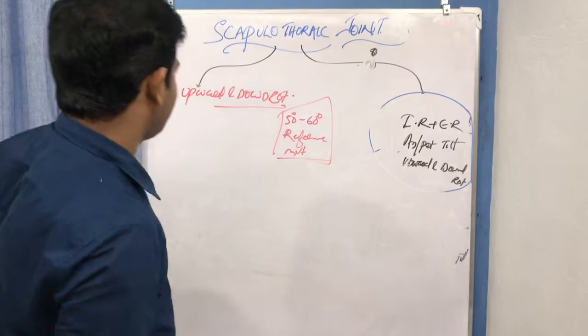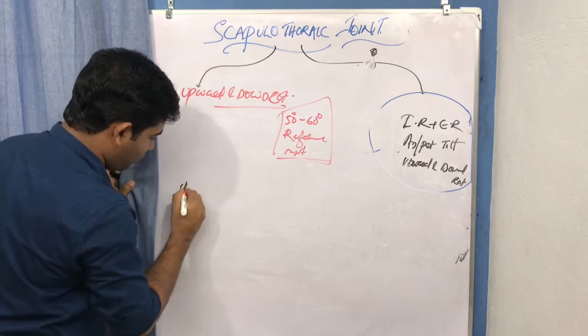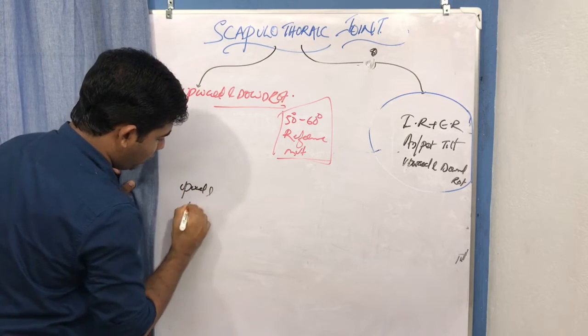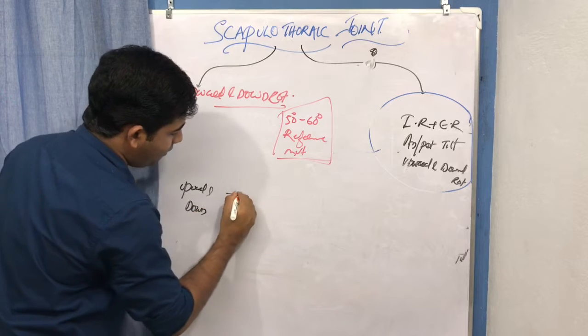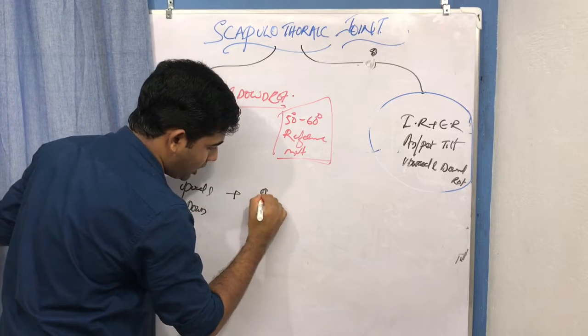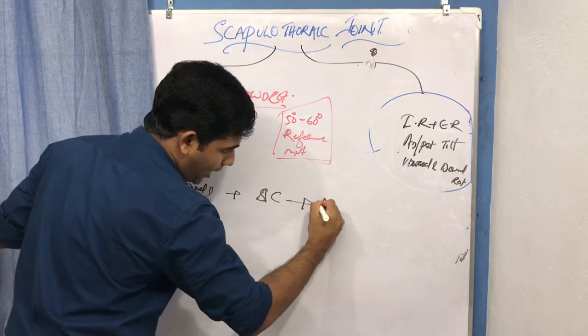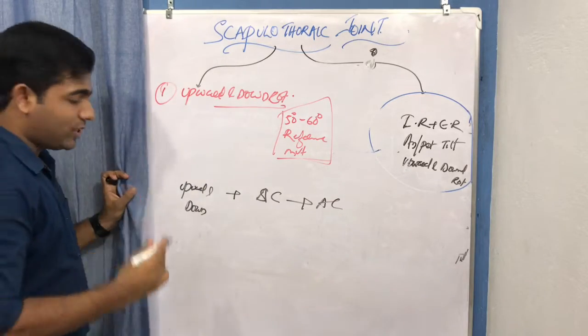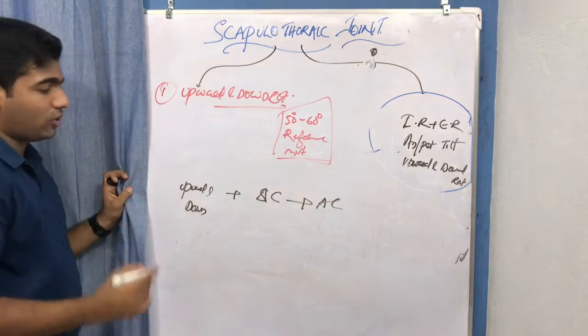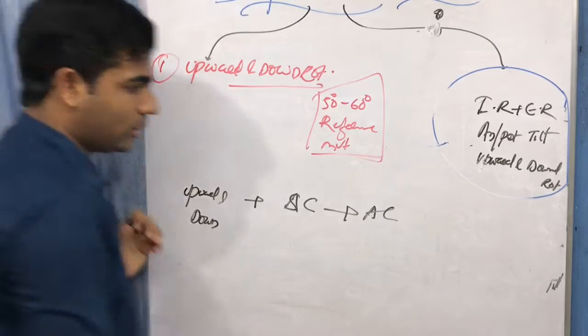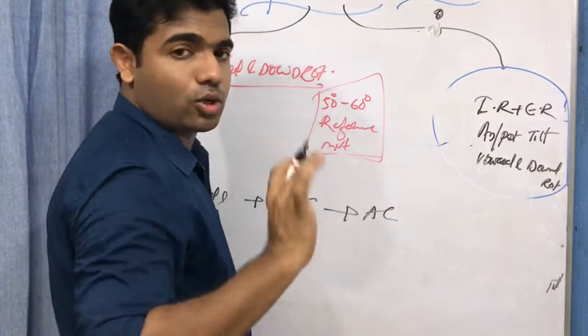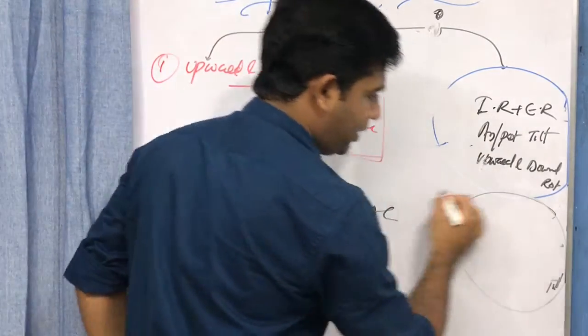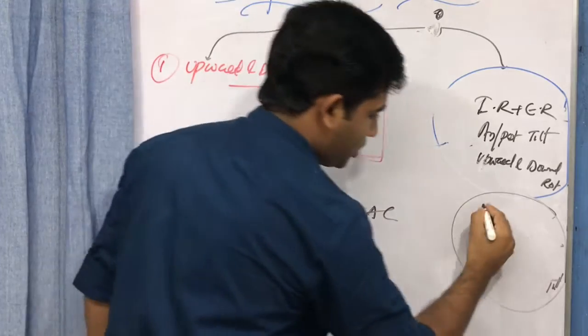So the movement, upward rotation and downward rotation of the scapula, involves movement of the sternoclavicular joint and the acromioclavicular joint. Let us see which movements are possible in the sternoclavicular and acromioclavicular joints. For that, we already wrote down the acromioclavicular joint motions. Let me write down the sternoclavicular motions.